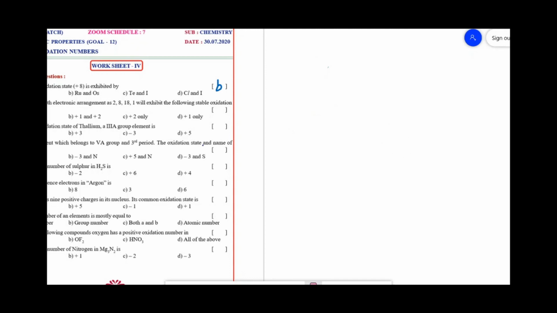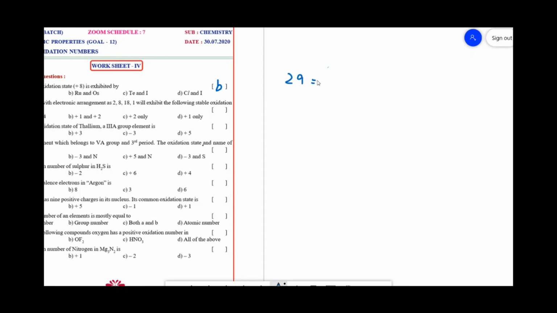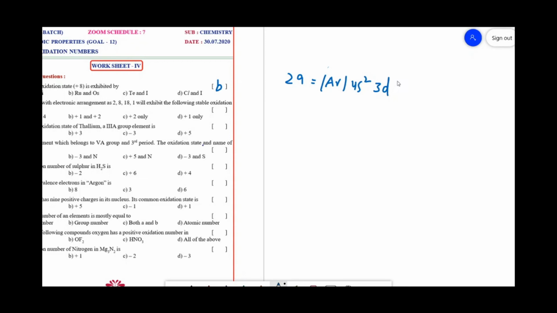Next, an element with electronic configuration 2, 8, 18, 1 will exhibit which stable oxidation state? Okay, first let us count the electrons. 8 plus 2 is 10, 28, 29. So 29 means argon 4s2, this is up to 20, and we have 3d9. Actually, this is not 4s2 3d9. This is copper.